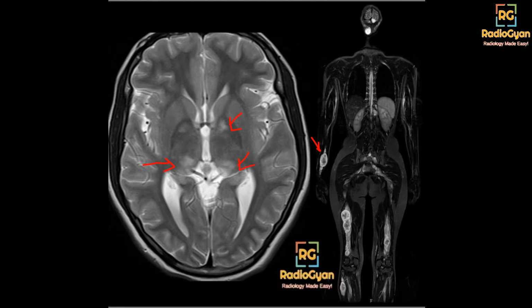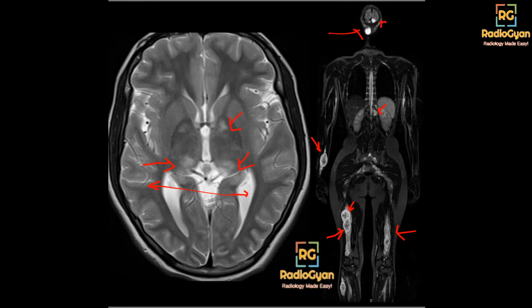Remember this elongated appearance with a central hypoechoic area, that is very classic for neurofibromatosis. These are foci of abnormal signal intensity, characteristic of neurofibromatosis. So you see multiple neurofibromas here, you see a neurofibroma here as well, probably there's one here as well.